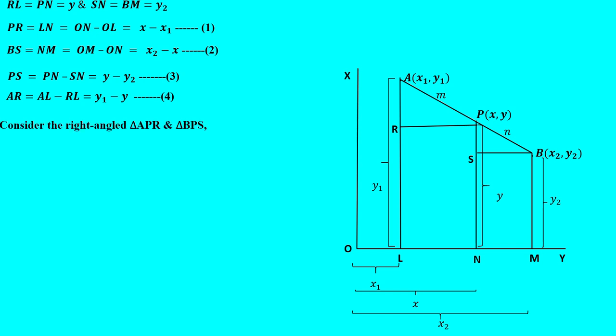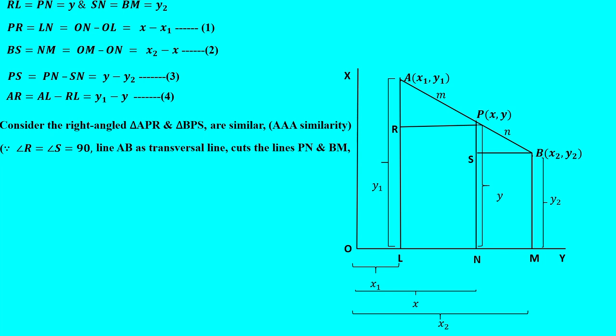Consider the right angle triangles APR and BPS. Both are similar, that is AAA similarity. Three angles are equal, right? Because the right angles at R and S are 90 degrees, right? And AB is a transversal, cuts the lines PN and BM.